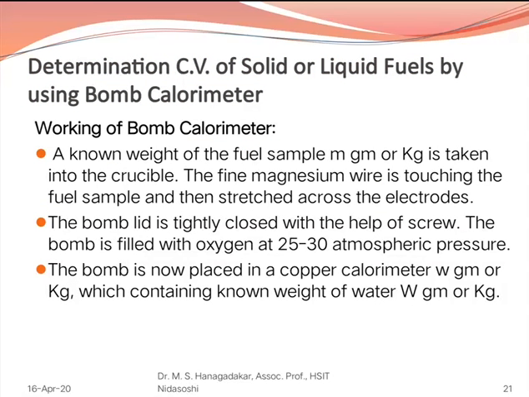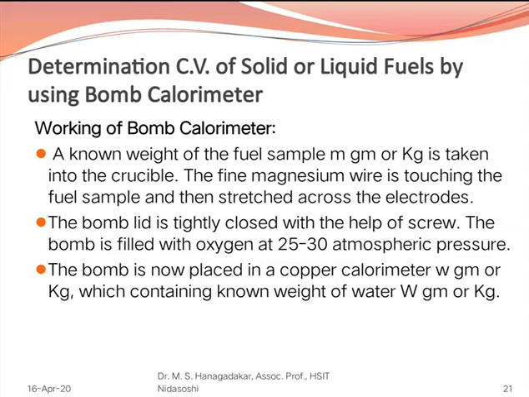Now let us discuss the working of the bomb calorimeter. First, we take a known weight of the fuel sample, denoted as m gram or m kg, into the crucible. The fine magnesium wire touches the fuel sample and is stretched across the electrodes, which are connected to the 6-volt battery.